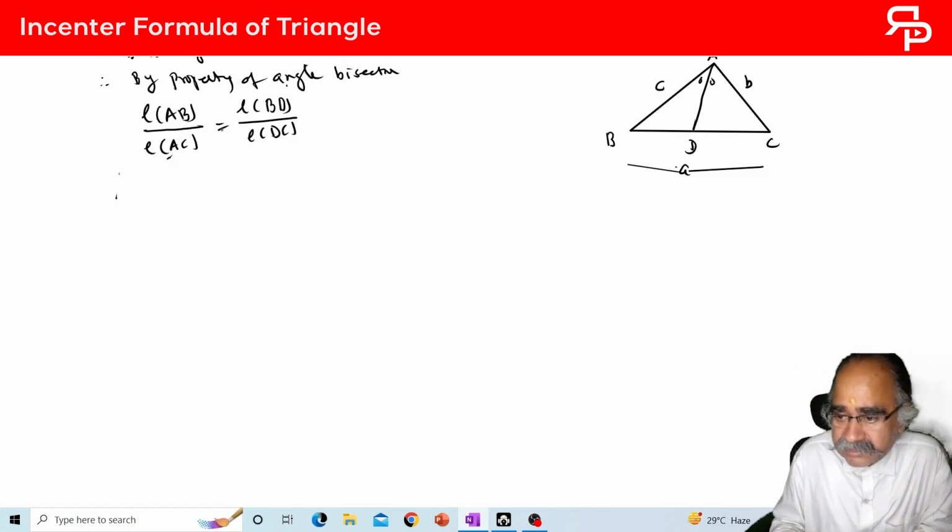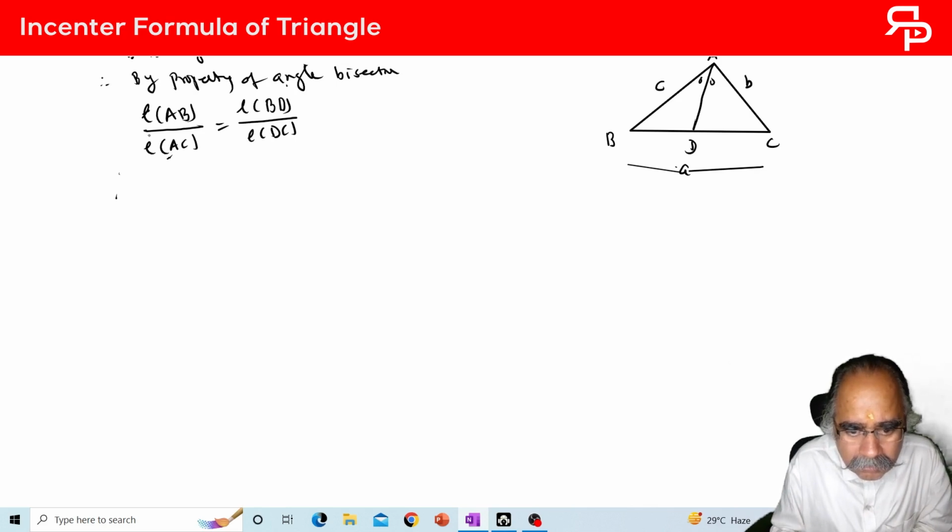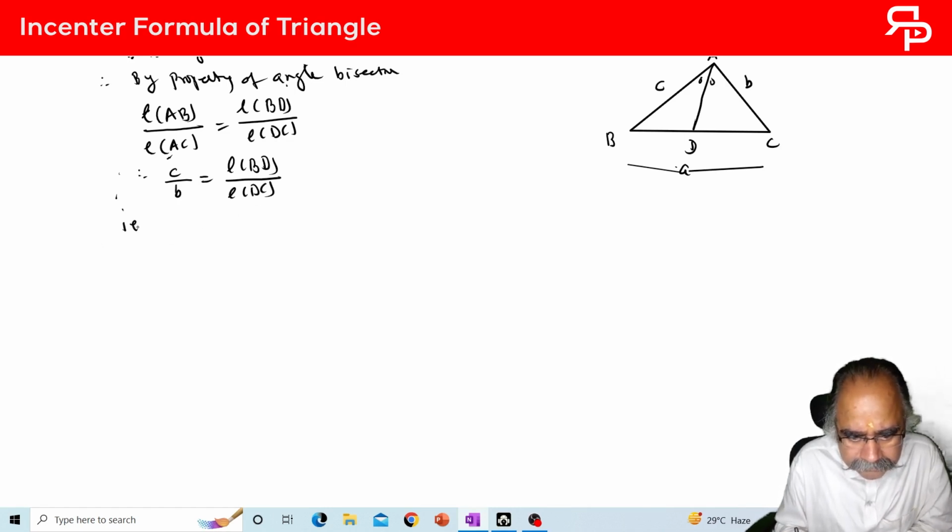So length AB is small c, and length AC is small b. Therefore length BD upon length DC is equal to c upon b.